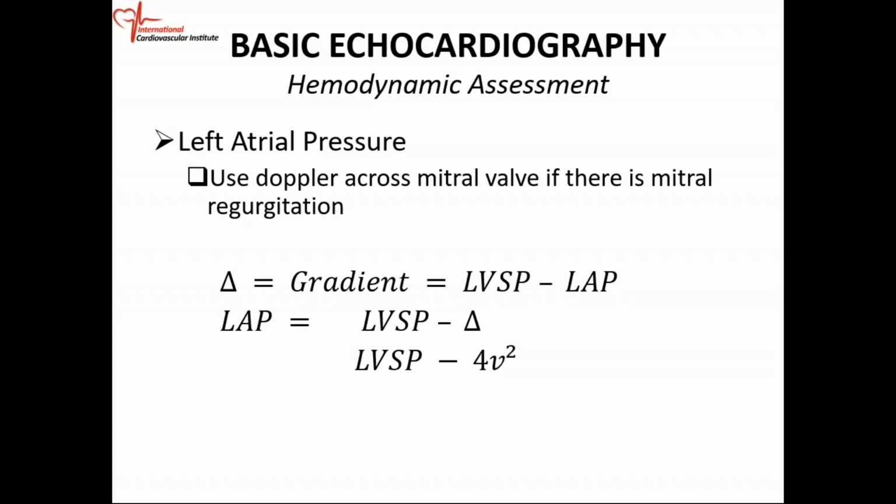So when you do someone's blood pressure, the systolic blood pressure is usually the same thing as the LV systolic pressure, unless you have some obstruction across the aortic valve or the left ventricular flow tract.